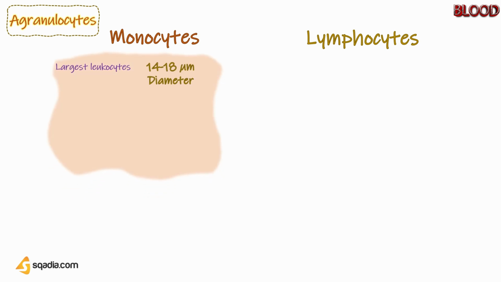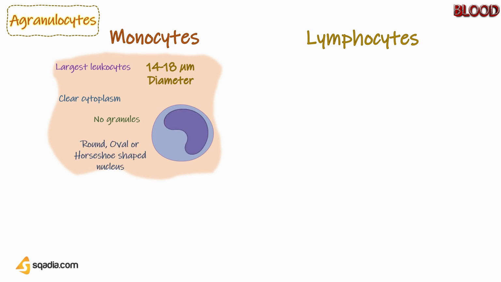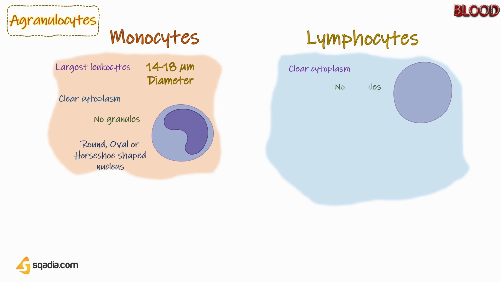Monocytes are the largest leukocytes with diameter of 14 to 18 micrometer. The cytoplasm is clear without granules. Nucleus is round, oval and horseshoe-shaped, bean-shaped or kidney-shaped. Like monocytes, the lymphocytes also do not have granules in the cytoplasm.